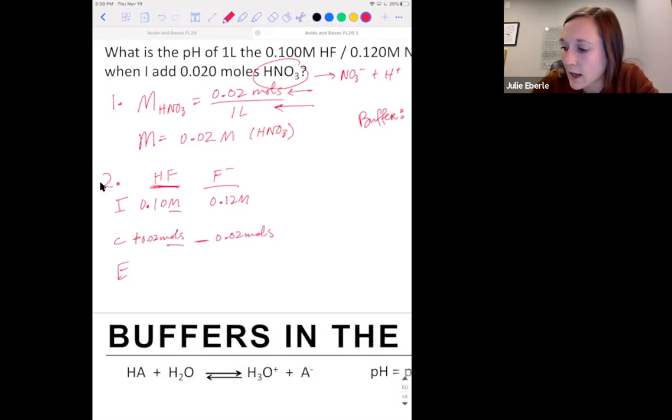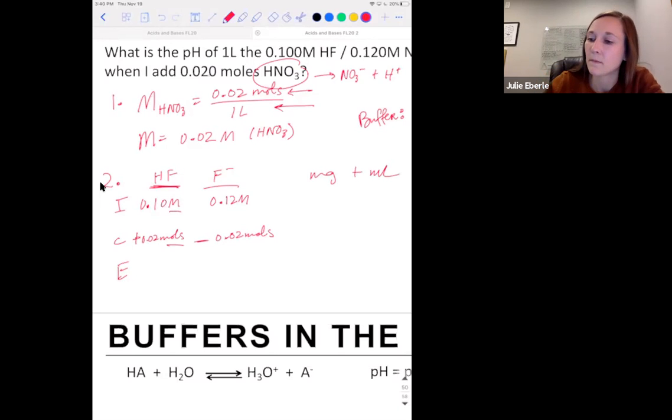That's like you trying to add milligrams plus milliliters. You can't add milliliters to milligrams. You can add milligrams to milligrams. Does that make sense? Does that help? Okay. Yeah, so just make sure we're not converting. We're just trying to get things in the same unit so that we can add and subtract them.